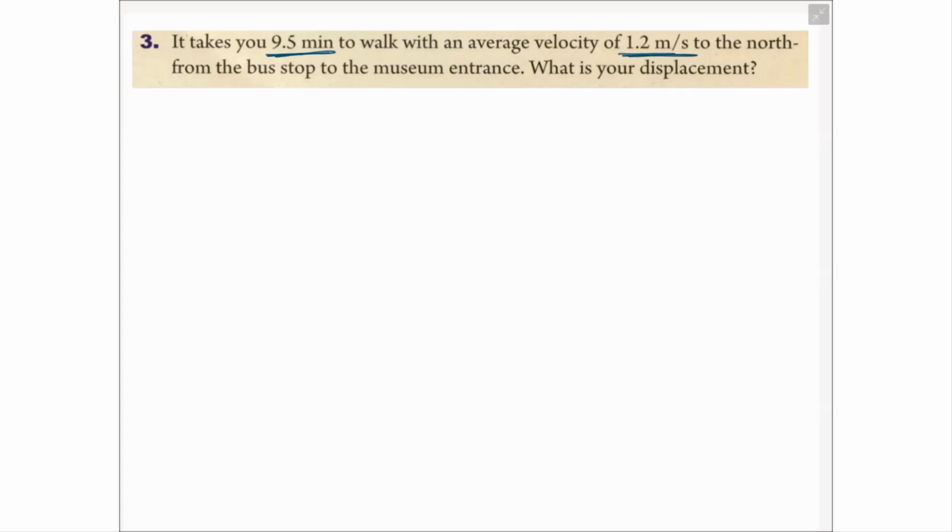This question says that it takes you 9.5 minutes to walk with an average velocity of 1.2 meter per second to the north from the bus stop to the museum entrance. What is your displacement? In this question, it's asking delta x, and if we write the givens, v average equals 1.2 meter per second, and the time given is 9.5 minutes.